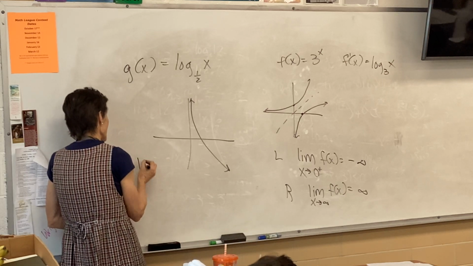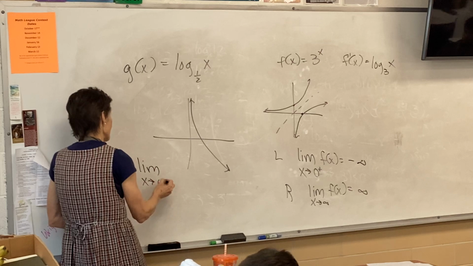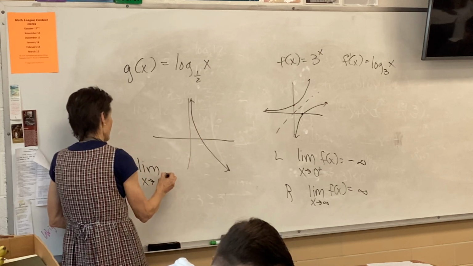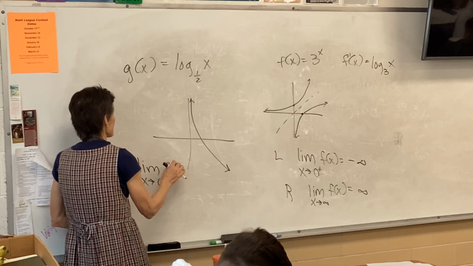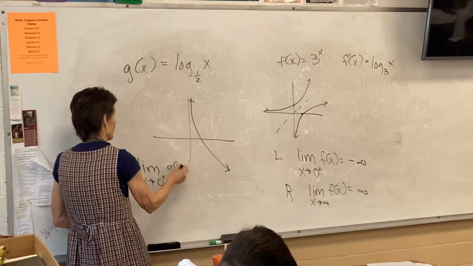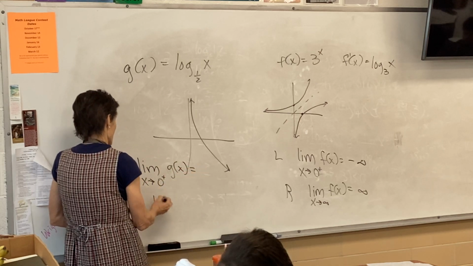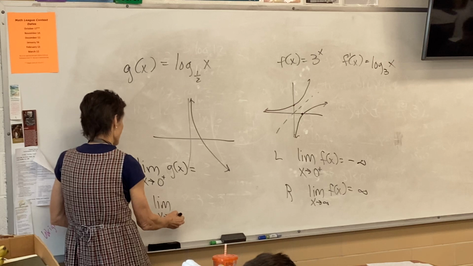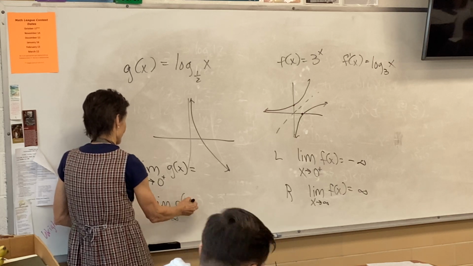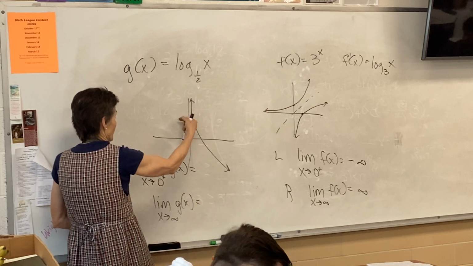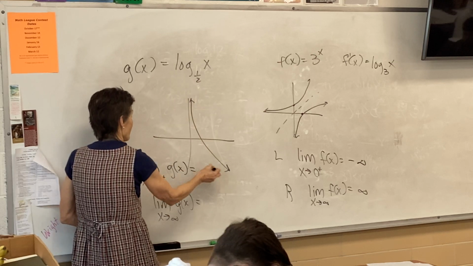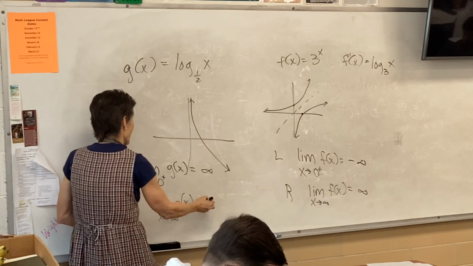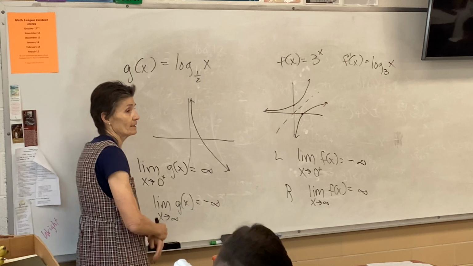So end behavior for this guy, again, 0 is as far left as it goes. And so what are our end behaviors this time? On the left side, it's positive infinity, and on the right side, it's negative infinity.